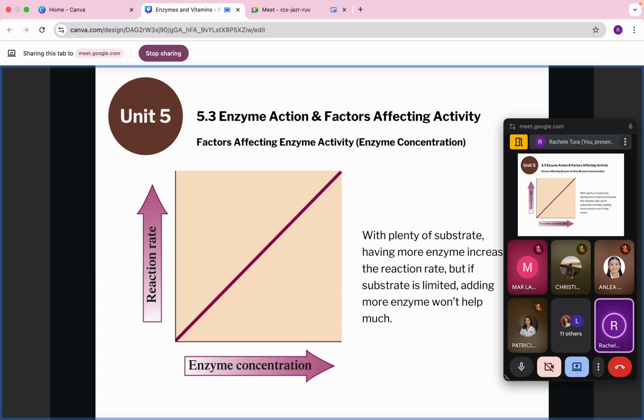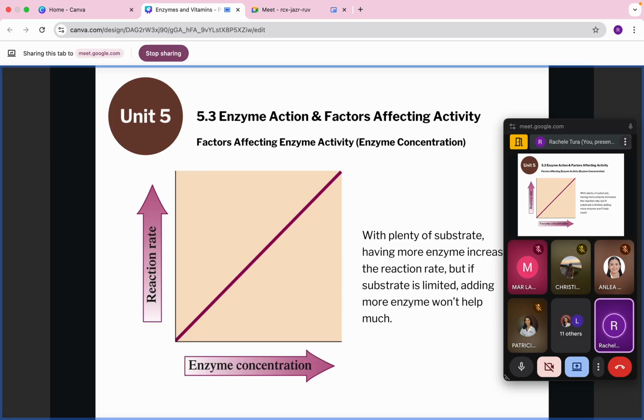It binds to the substrate and helps convert it into a product, and then it is free to help again. It's like a cycle: it catalyzes the reaction, the product is released, and then it can help with the reaction again.